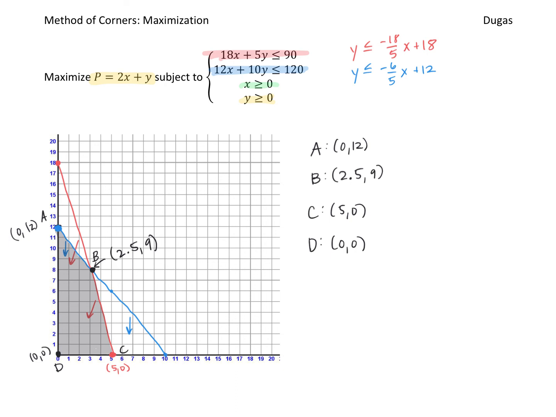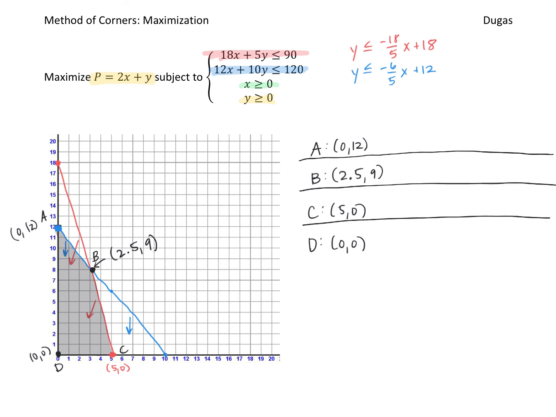So now our goal is to just plug these in for x and y and see which one gives us the largest number. So for A, let me make a little chart here. Remember our function is 2x plus y.